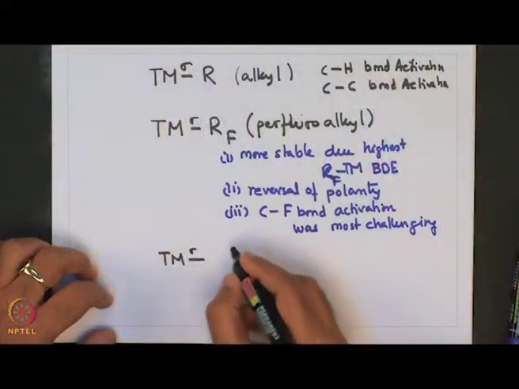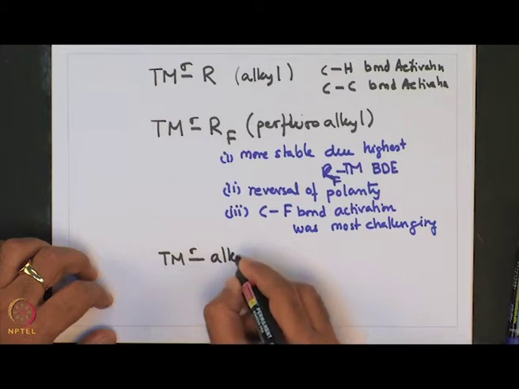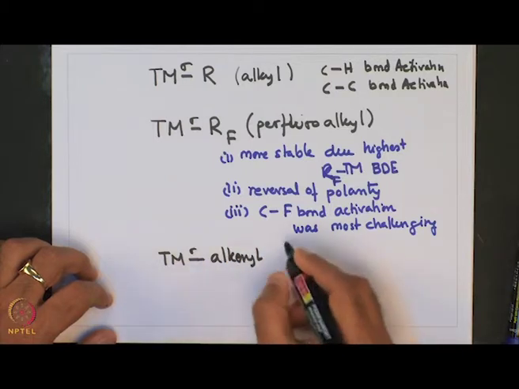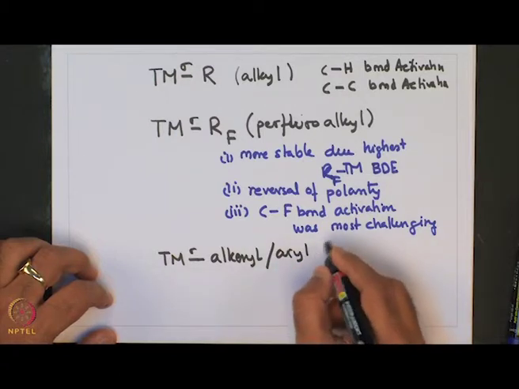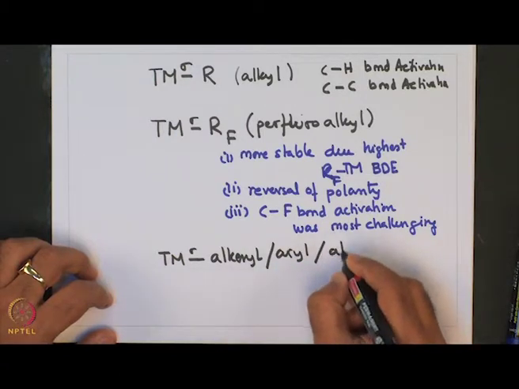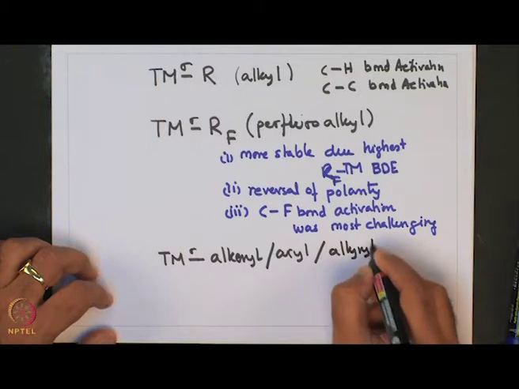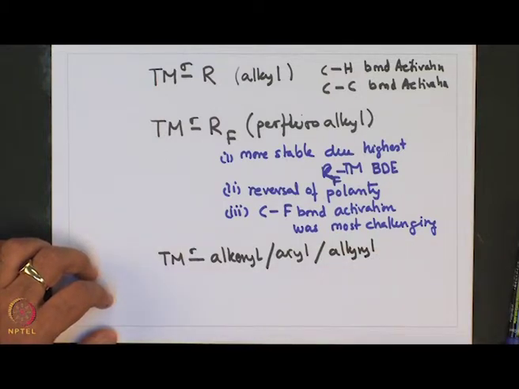In today's lecture, we are going to look into something along this line, and these are transition metal sigma alkenyl, aryl or alkynyl type complexes.